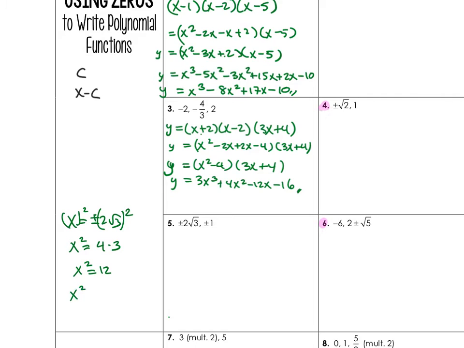And if I move that 12 over, I have x squared minus 12. So right here, remember the plus or minus: if I solve this equation again, this equals 0 here. If I move the 12, then take the square root on both sides, I'm going to have the plus or minus. So in this case, I can just use this x squared.